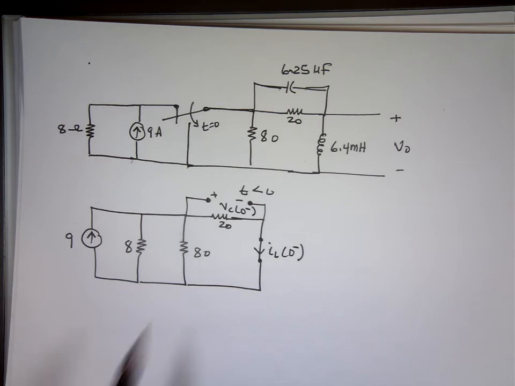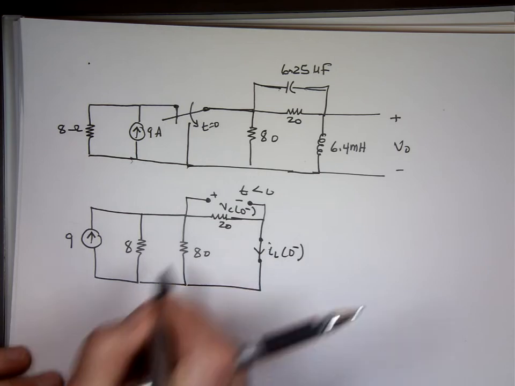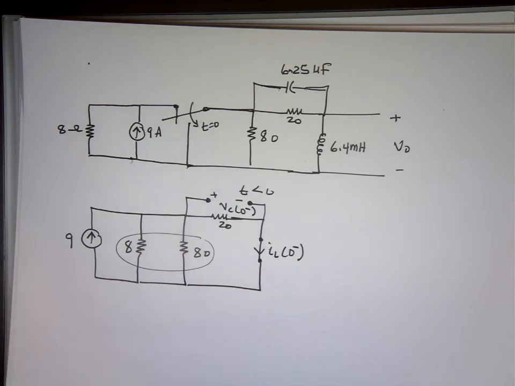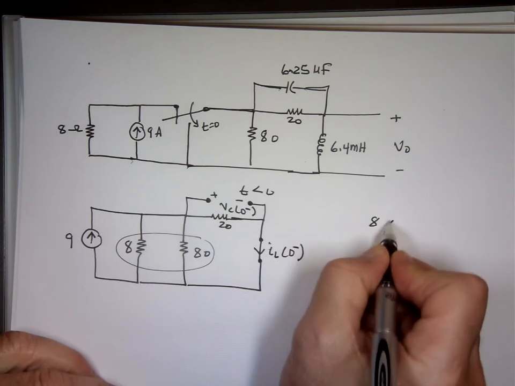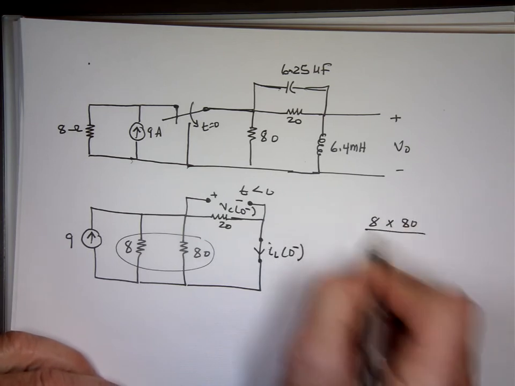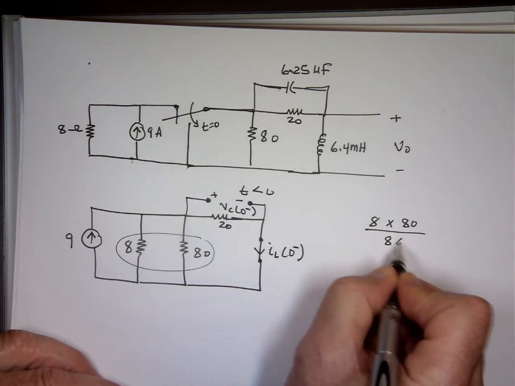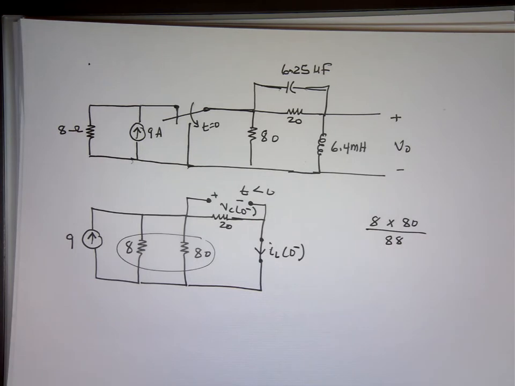I can find the equivalent of these two, the parallel combination, right? The product over the sum. So that'll be 8 times 80 over the sum of them, which is 88. That's 80 over 11. That's not a good number. Should we write 80 over 11 or just use decimal?